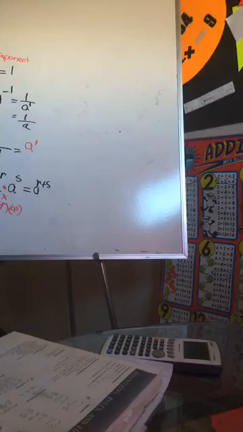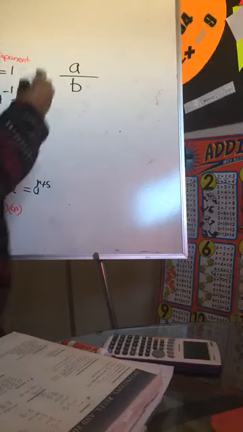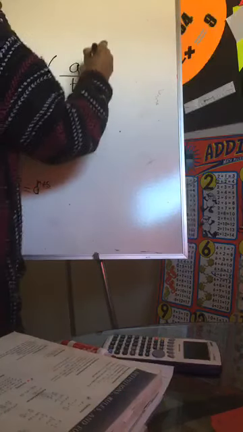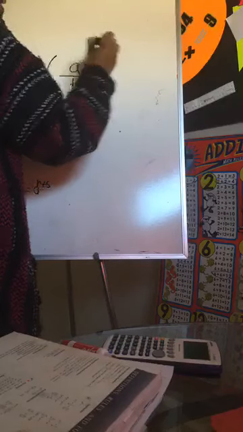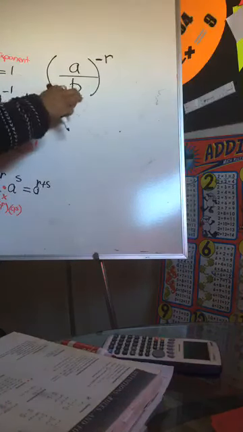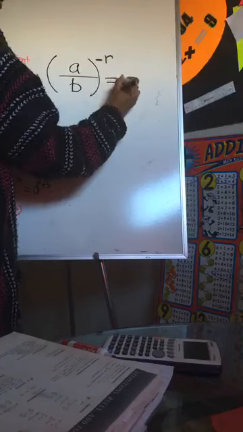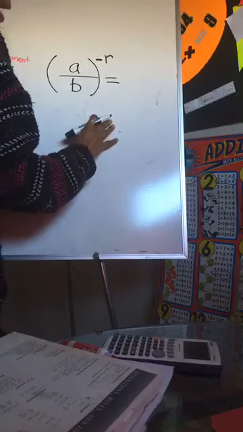Okay, the 9th rule is if we have A divided by B, and we have it in parentheses raised to a negative exponent. And remember when I talked about doing a reciprocal here? It's the same thing, except we have it inside of a parentheses, and we need to flip it or take the reciprocal of it. I'm going to put it down here.